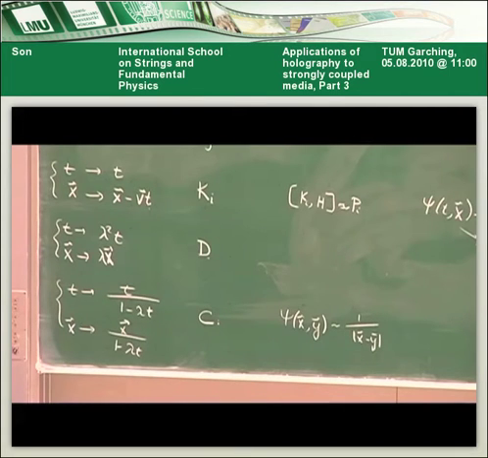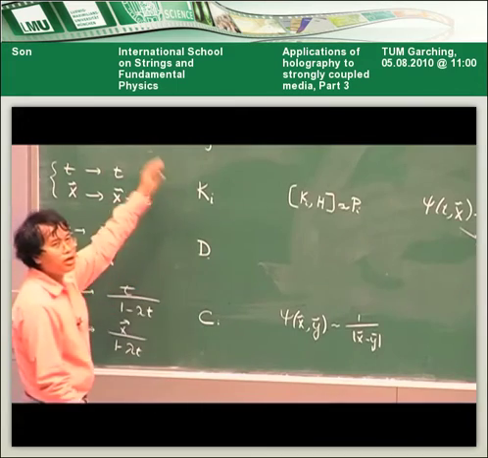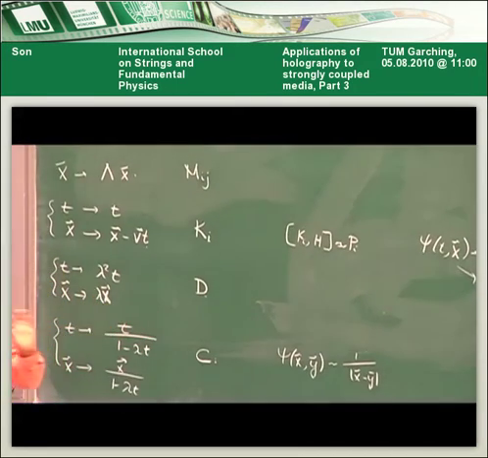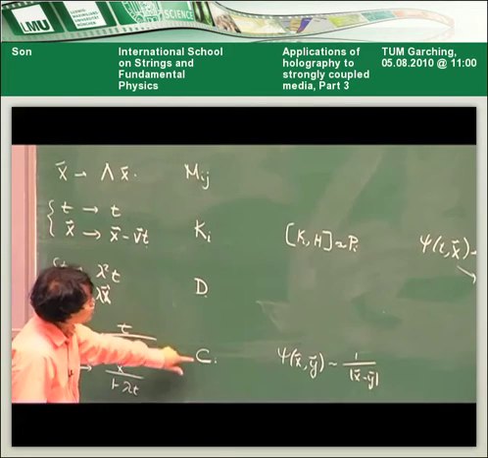So there is a group of symmetry of this system that is much larger than the typical symmetry of a non-relativistic system. It has this D and it has C.